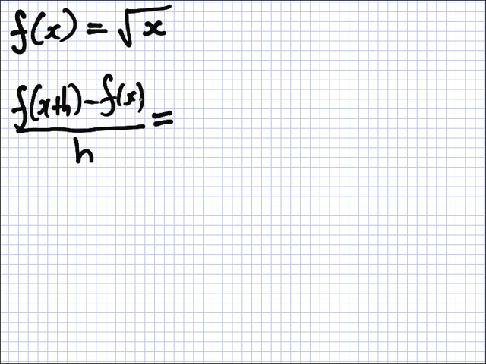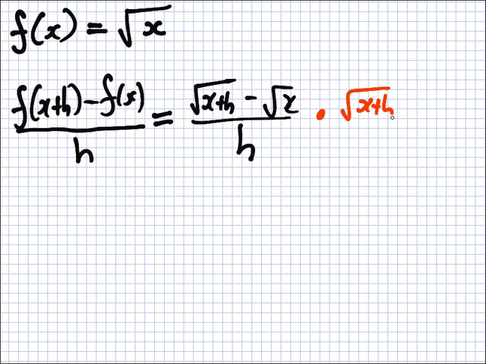Alright, let's have a look. So what do I have first here? (Root of (x + h) minus root x) all over h. Anyone know what the trick is? Multiply by root (x + h) plus root x. Oh, good.